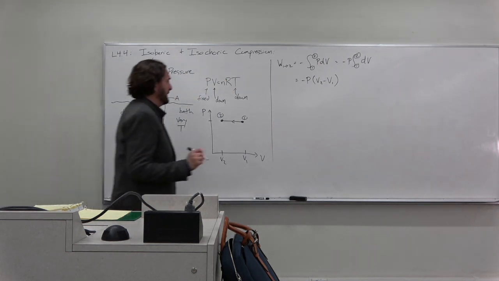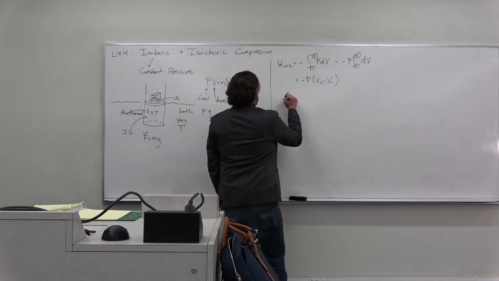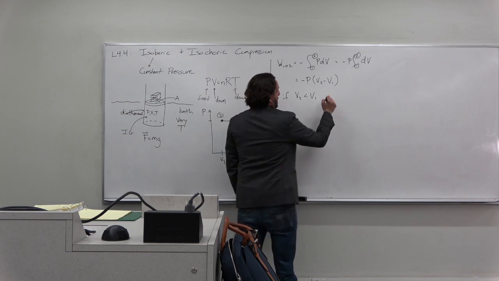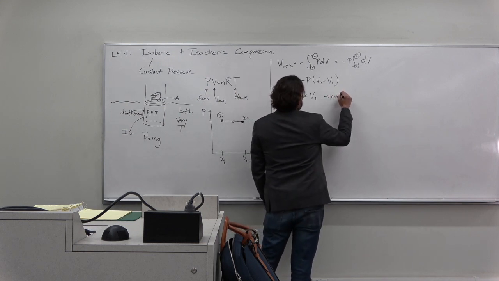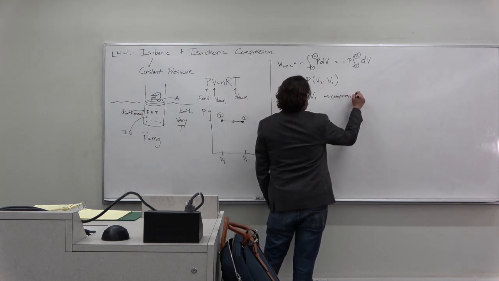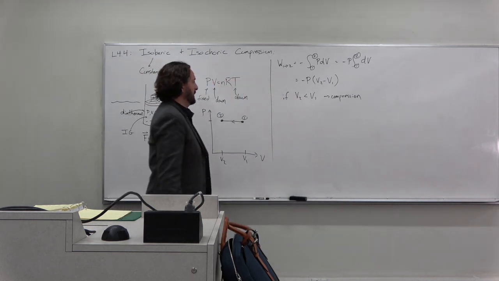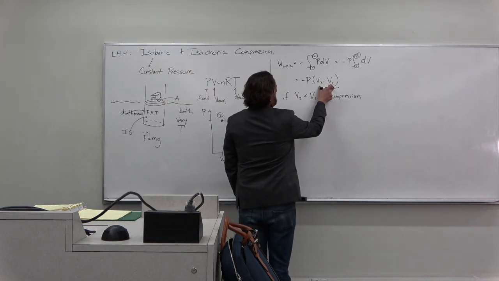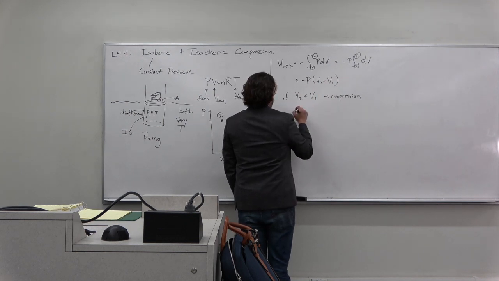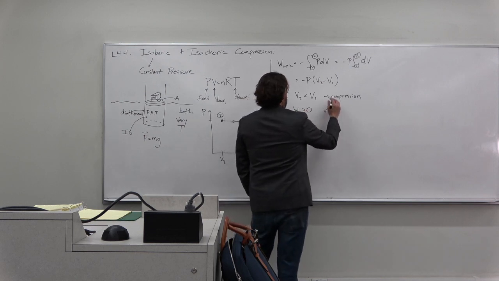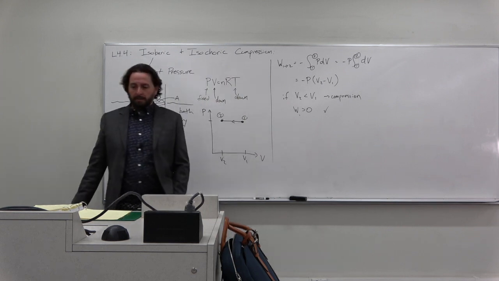Let's check our sign convention. If V2 is less than V1, we had compression. And if we have compression, then this is negative, that's negative, two negatives. That would mean that the work was positive. Little check mark. That's exactly what we wanted.